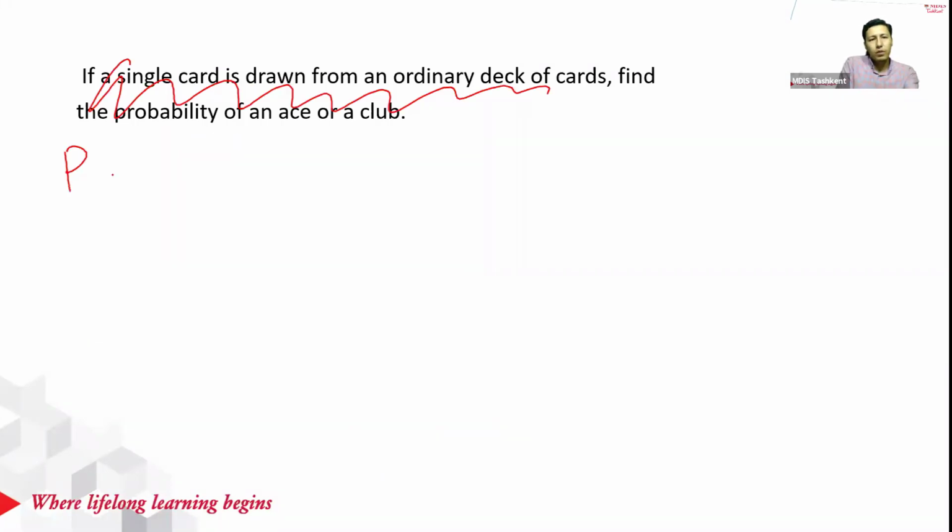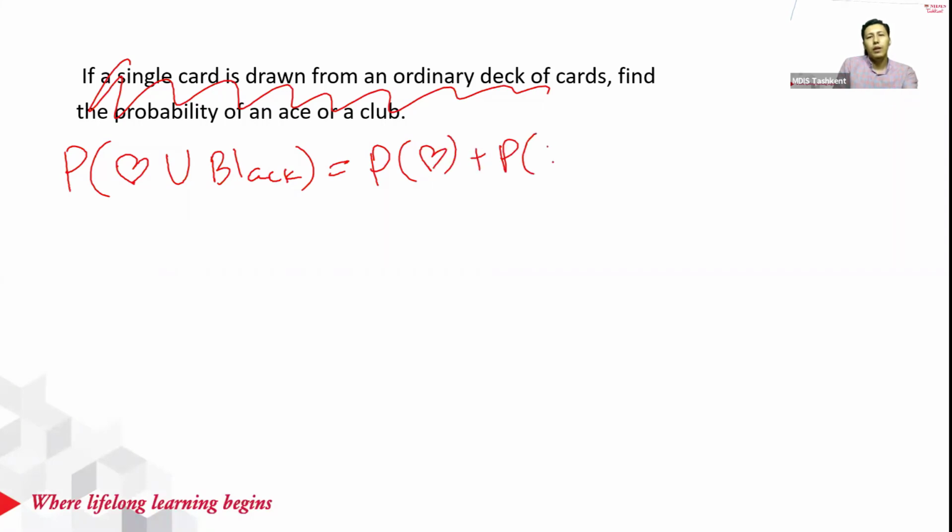The probability of getting heart or black. P(heart) plus P(black) minus P(heart and black). How many hearts do we have? 13.